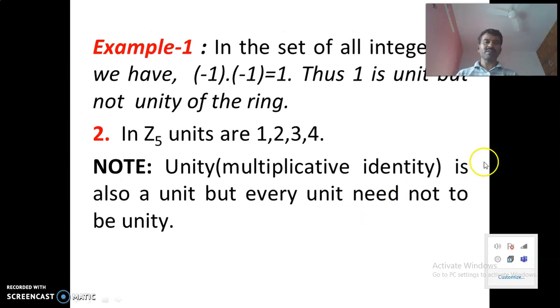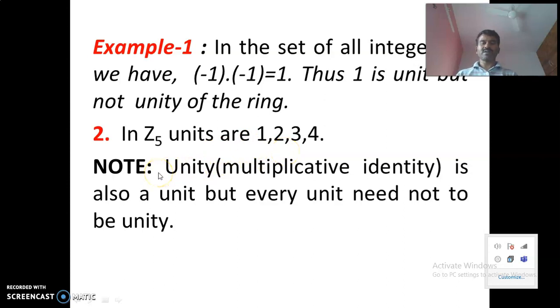Another example: in the set of all integers, we have minus 1 into minus 1 is 1. Therefore, minus 1 is a unit but not the unity of the ring. So in the set of integers, 5 elements in that, the units are 1, 2, 3, 4.